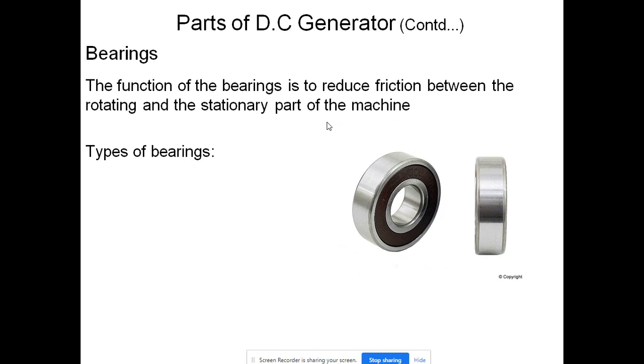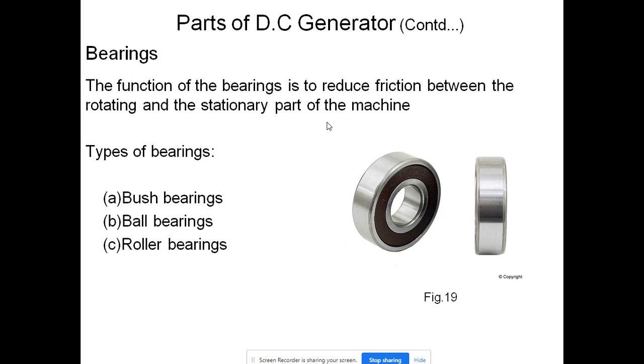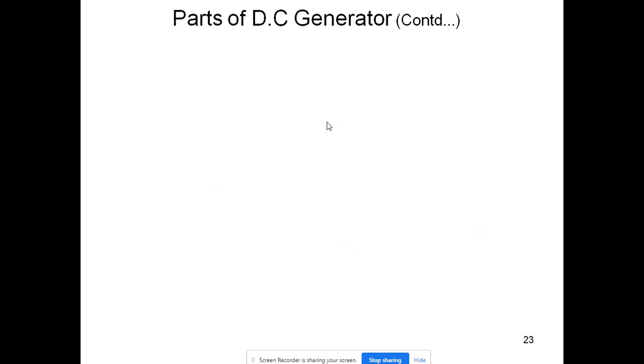In electrical machines, we mainly use two types of bearings. One is the bush bearing. The below diagram shows the bush bearings, and the other one is ball bearings and roller bearings.